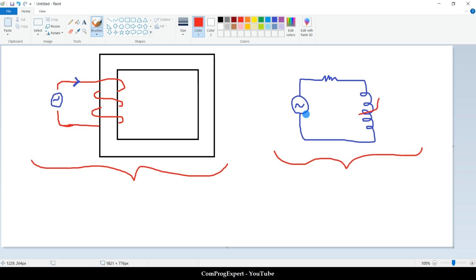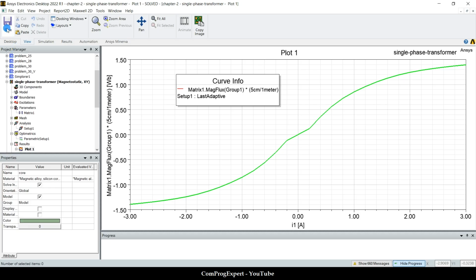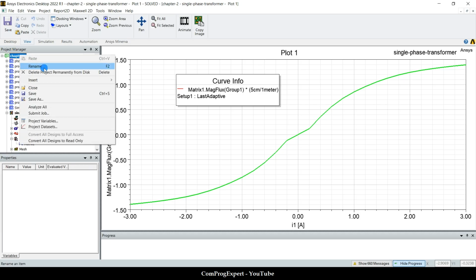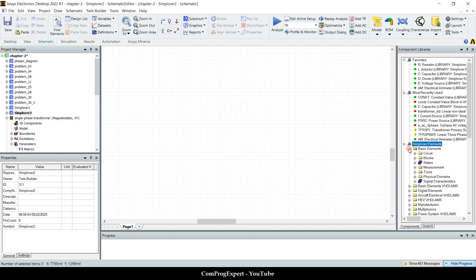Yes, we are going to apply a sinusoidal voltage source to this inductor. This is the resistance of this inductor. Okay, so in Simplorer, let's add a new Simplorer design.